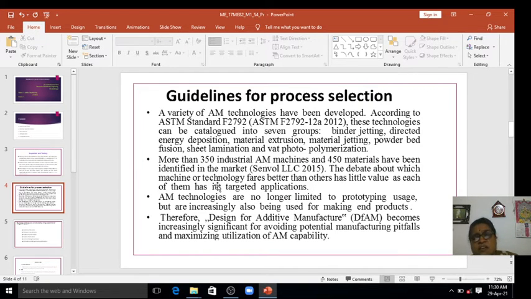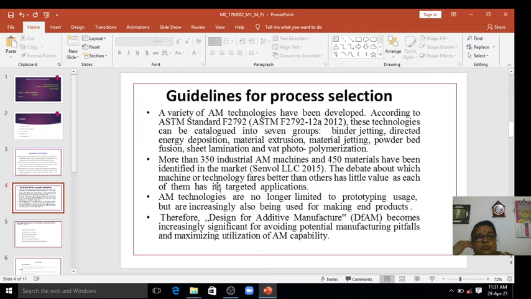There are a lot of guidelines, but only a few have been highlighted here. During 2015 there were a lot of debates regarding whether a technology is better or not, based on its targeted applications.